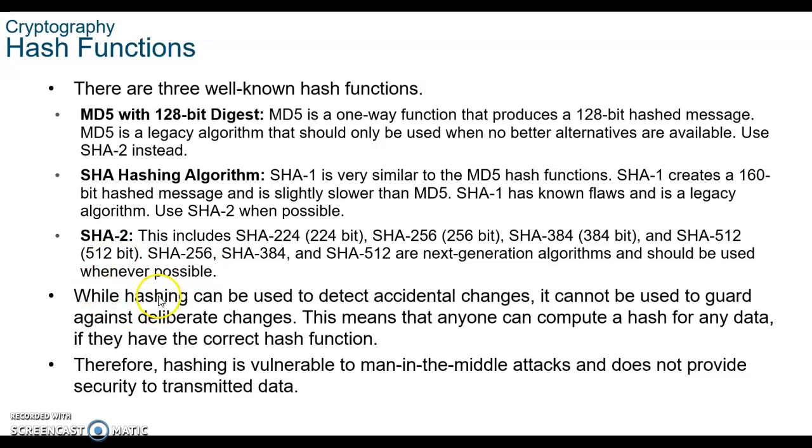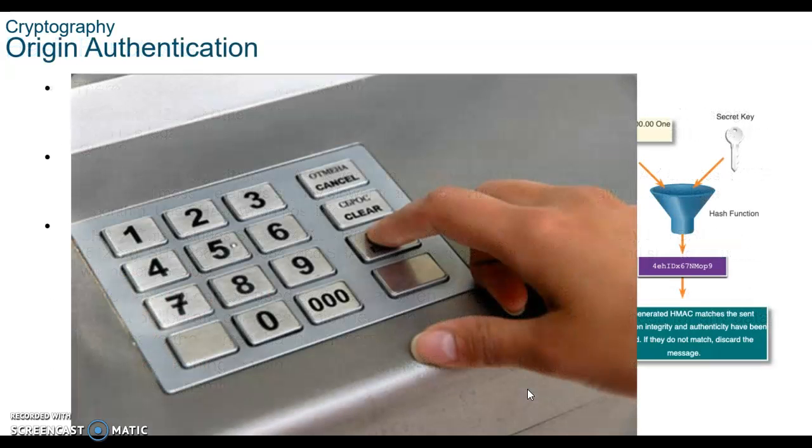And that is because hashing will detect accidental changes, but it cannot be used against deliberate change. So again, I, as a threat actor, could get a hold of the data and remove the existing hash and put my own hash on it, right? So that's what makes hashing vulnerable.